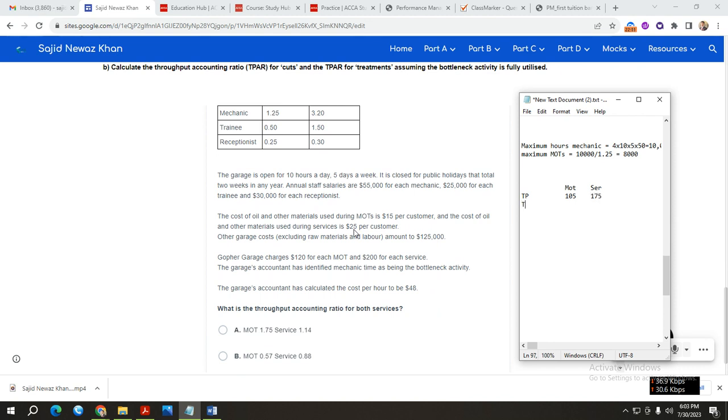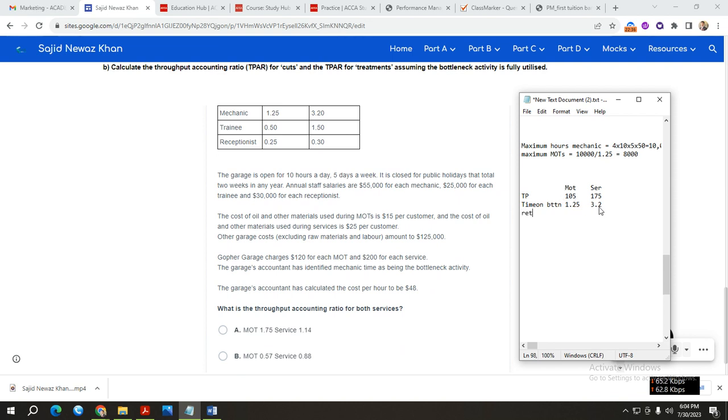Okay. Time on the bottleneck. As we already know, for MOTs it is 1.25, because the mechanic is my bottleneck, and for service it's 3.2 hours. So 1.25 hours and 3.2 hours.